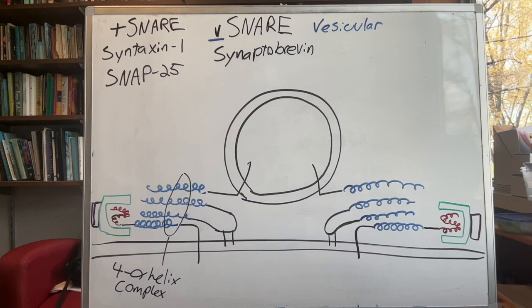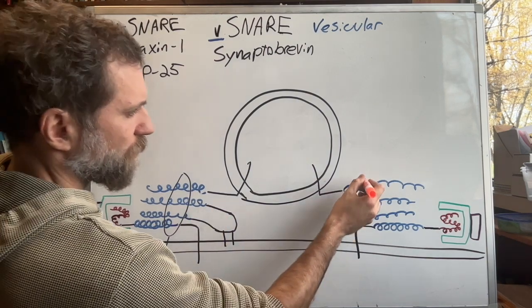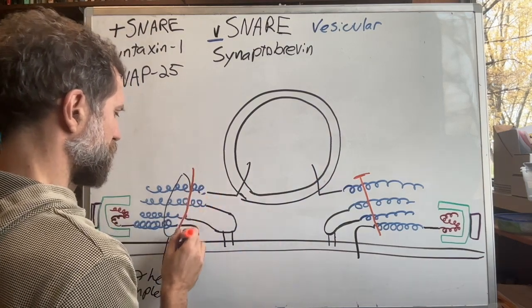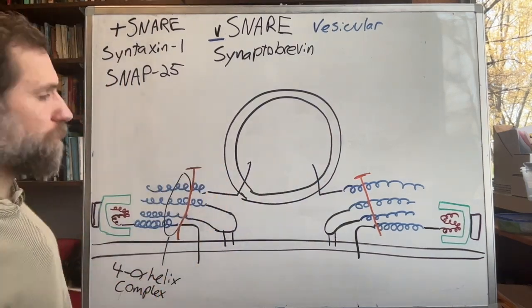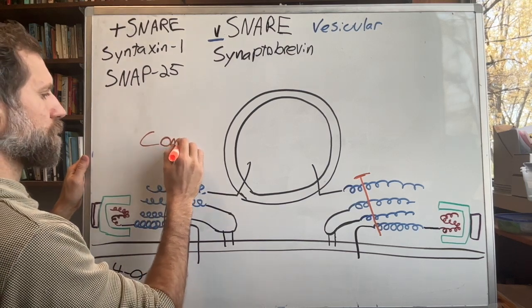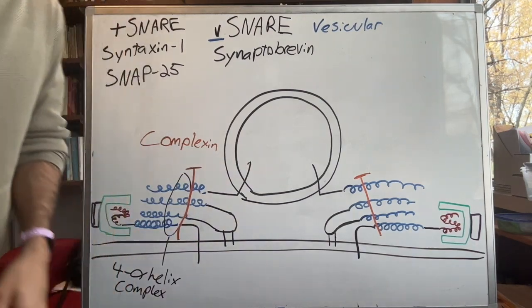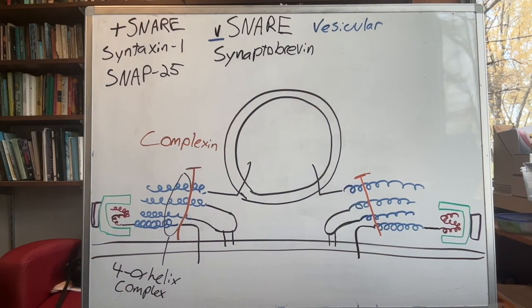There's another protein in here that we call complexin, which I'm just going to draw as a simple line right here. Complexin interferes with the zippering process. So we can't zipper all the way, even though it wants to. Remember, there's a lot of potential energy in these alpha motifs, and they want to zipper together. But they can only go one way, just like the zipper on your jacket. So it can't produce exocytosis, not yet at least.